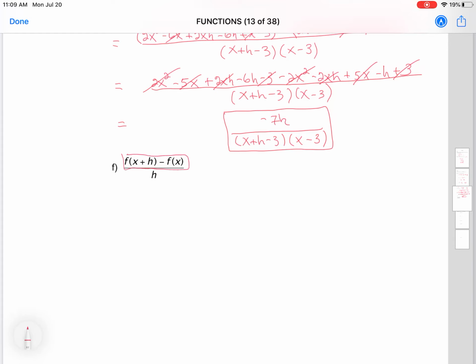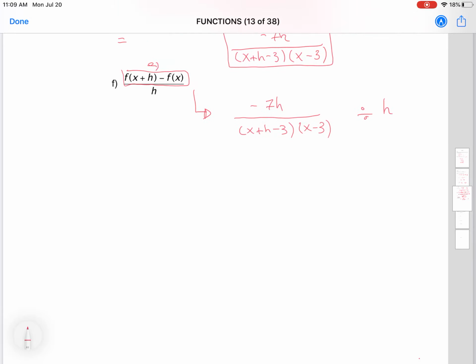And now to complete this problem, f of x plus h minus f of x, this is what we have just done in the e part. So what is that equal to? That's the e part, minus 7h over x plus h minus 3, x minus 3. And we want to divide this by h. So the division by h, as we all know so well, is multiplication by the reciprocal.